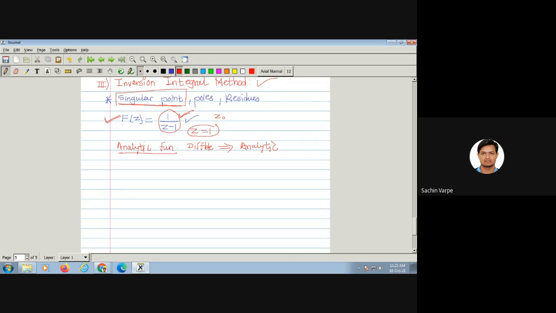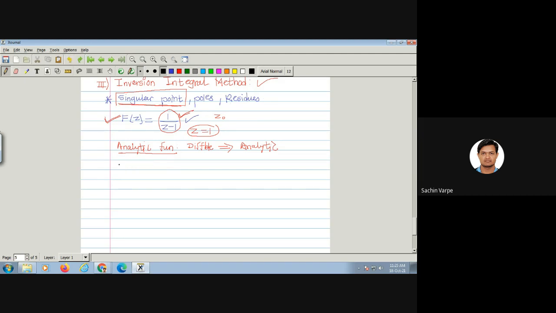So, singular point. There are various types of singularities. First is removable singularity, then non-removable singularity, essential singularity, or poles. These are the types of singularity. Let me write here, types of singularity. First of all, let me write the definition of singular point.